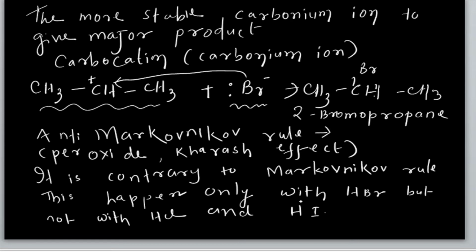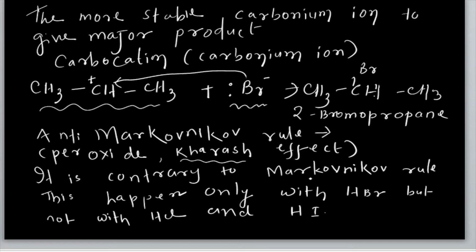Then anti-Markovnikov's rule: where Markovnikov's rule is followed, at that time the scientist Kharasch had come, and he proved that one effect is there, that is called the peroxide effect, and it is also called the Kharasch effect, because Kharasch used benzoyl peroxide. By the help of it, it will not follow Markovnikov's rule. That is why it is called anti-Markovnikov's rule.